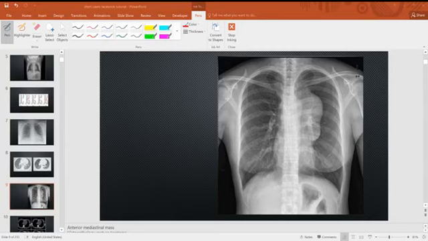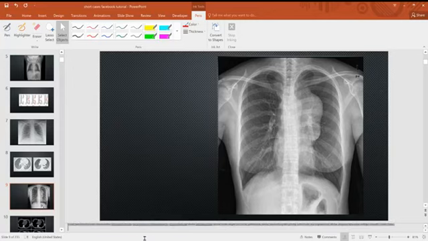Is it anterior or posterior? Someone said it is anterior, someone said it is posterior. Why is it anterior and why is it posterior?